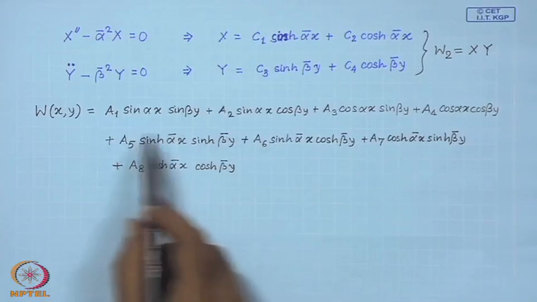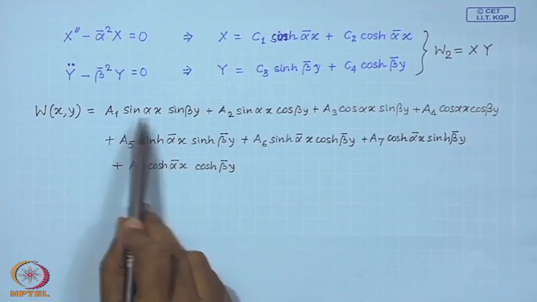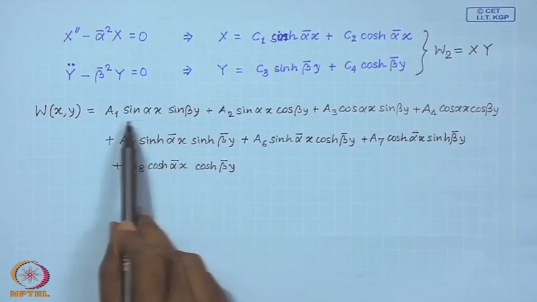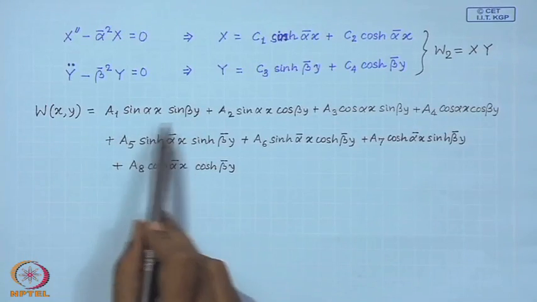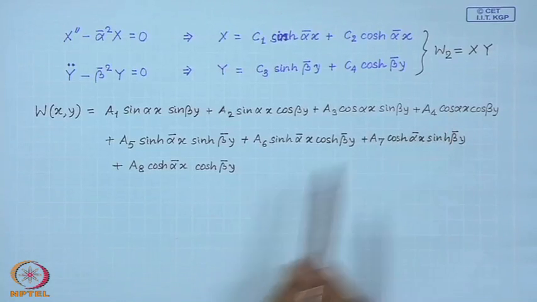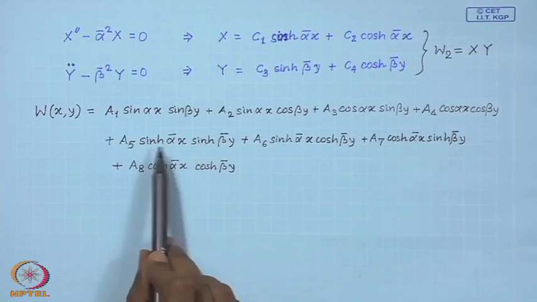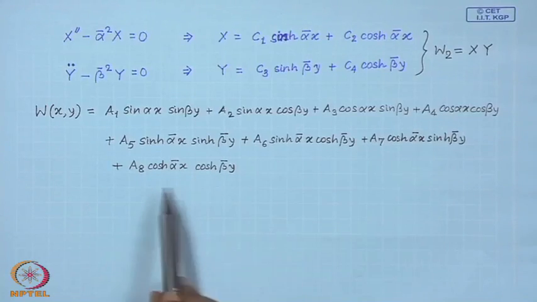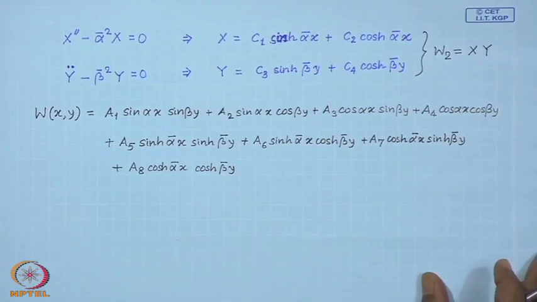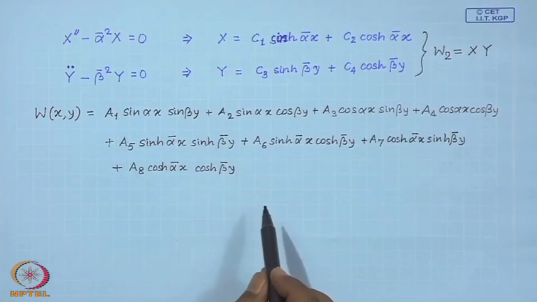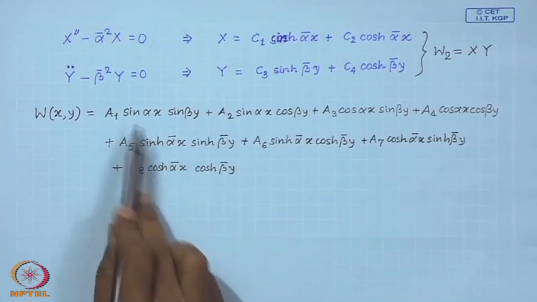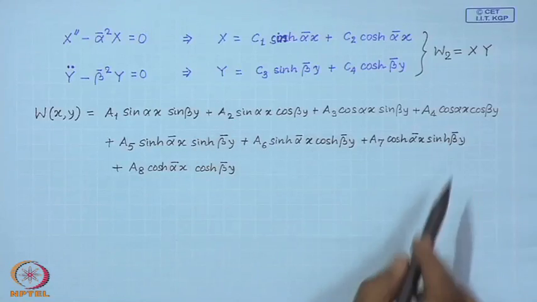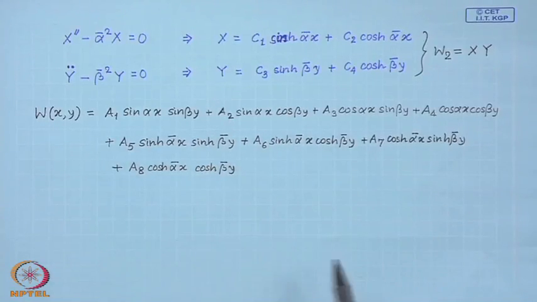So now you can see here that we have product of the trigonometric functions in x y direction and product of the hyperbolic functions separately again in x y directions. In this class of solutions, there is no product of trigonometric and the hyperbolic functions. So, this solution we can intuitively have an idea that this is not general enough.